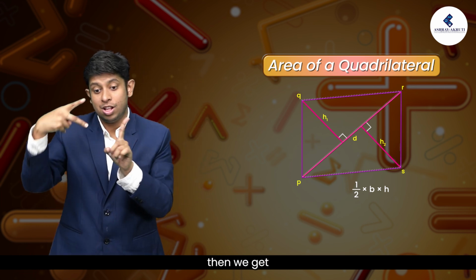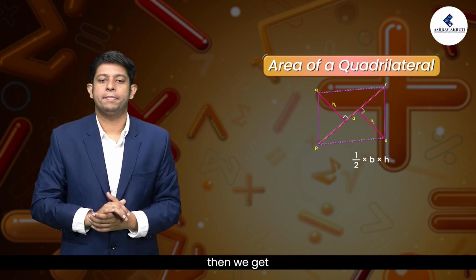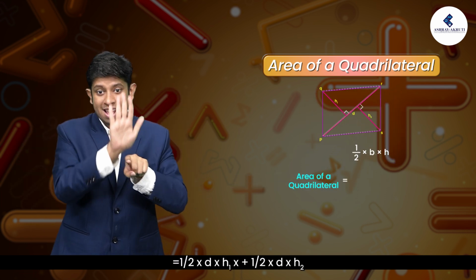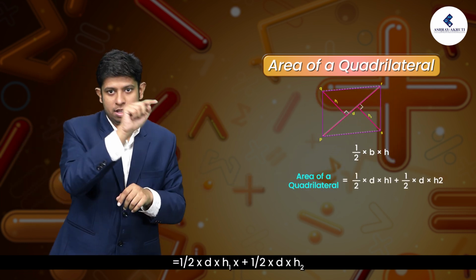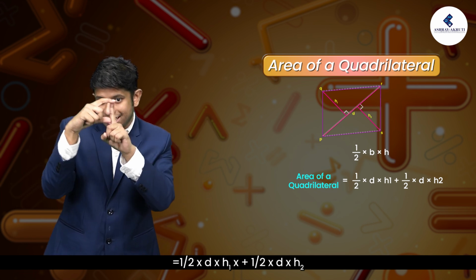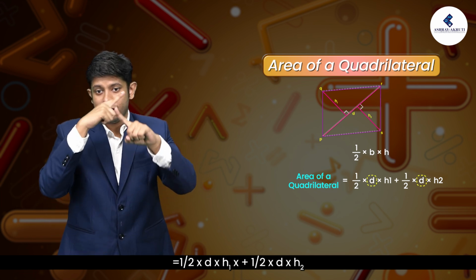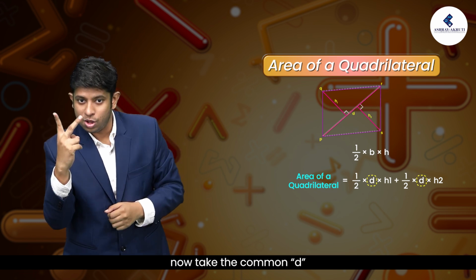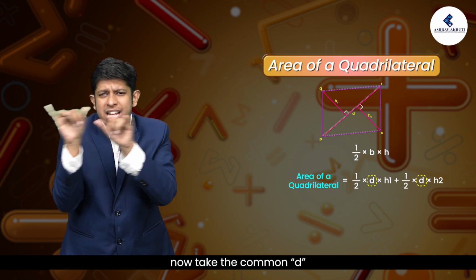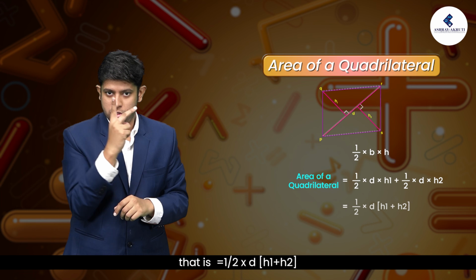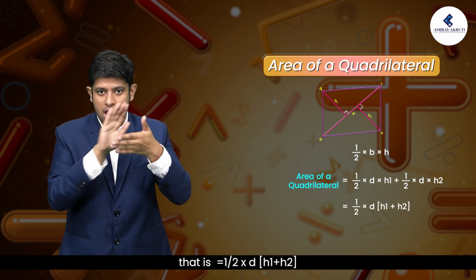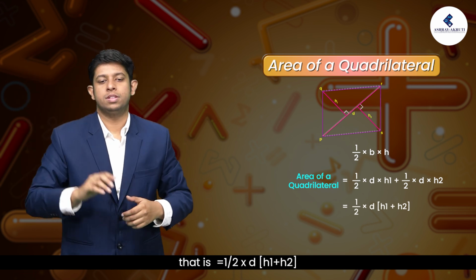Then we get area of quadrilateral is equal to half into d into h1 plus half into d into h2. Now take the common d, that is equal to half into d into h1 plus h2.